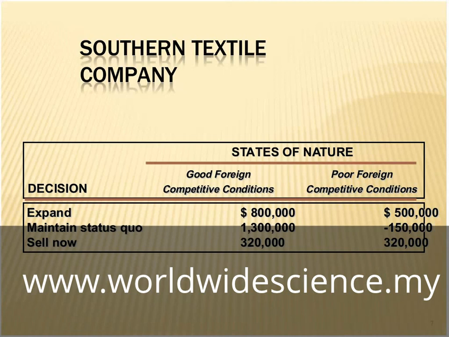In both states of nature, the good foreign competitive and poor foreign competitive, if you want to sell the company, the profit will be 320,000 US dollars. What does it mean by the minus 150,000? Okay, the minus here means it's a loss, not profit.